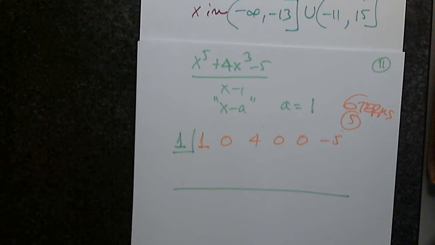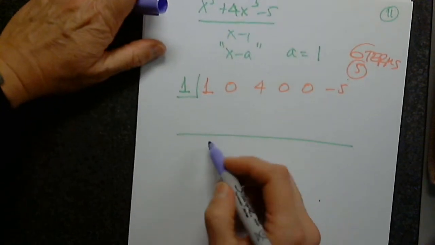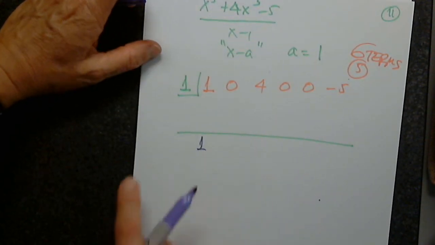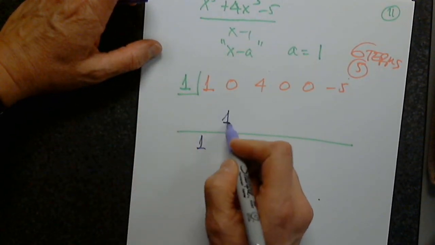Good. We copy the first coefficient. The leading coefficient always gets copied. So it's 1. Here's what I do next. 1 times 1 and write the answer above the line.